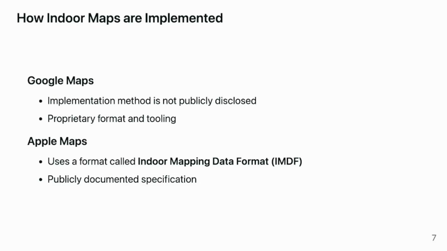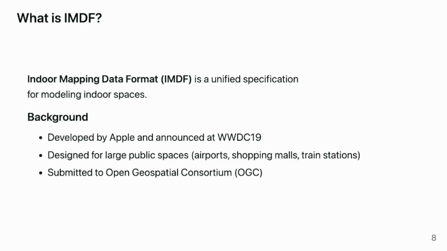So how do these map applications actually implement indoor mapping? For Google Maps, the implementation method is not publicly disclosed. But Apple Maps uses a format called Indoor Mapping Data Format, or IMDF. IMDF stands for Indoor Mapping Data Format.